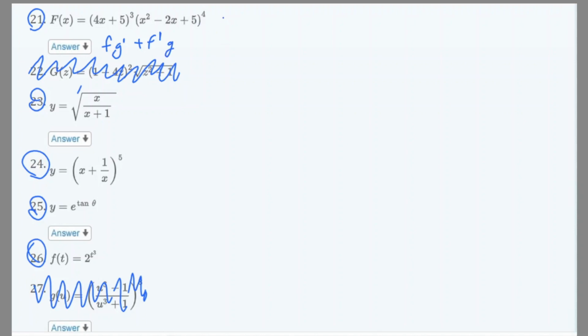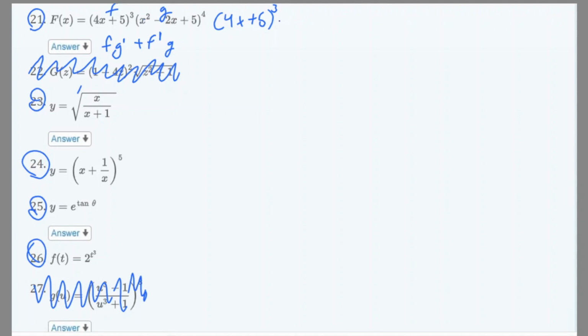So if we write it out, f is going to be this one right here, g is going to be this. So we write it out, we have (4x plus 5) to the power of 3 multiplied by g prime. In order to find g prime, we're going to have to use the chain rule here, which if we remember, is outside function to the 4th power times derivative of inside function, which we're just going to kind of speed run.